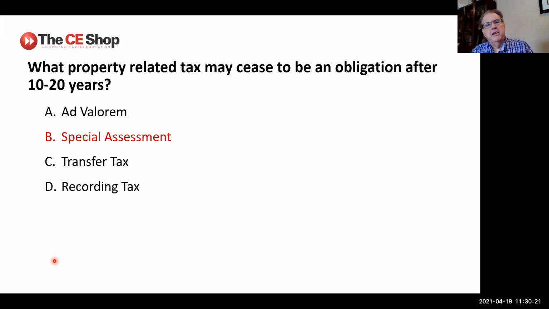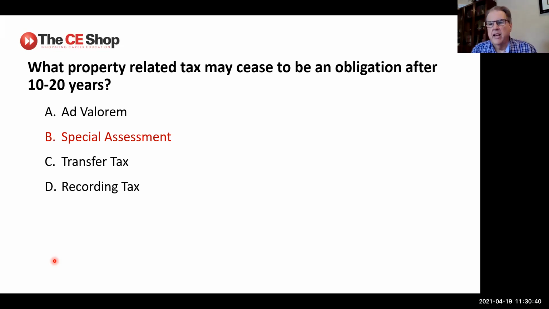That would be a special assessment. An ad valorem tax is persistent. It's according to your property's assessed value, and the government is going to be charging you again and again and again every year for that real estate tax.